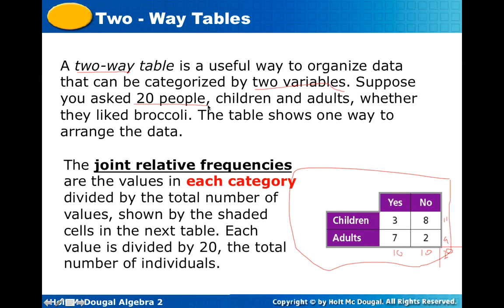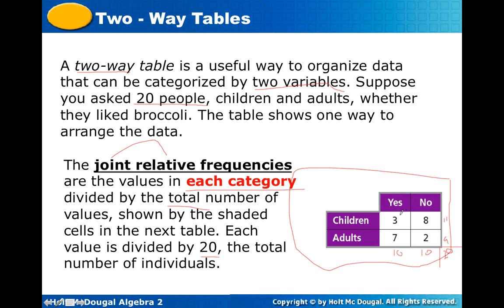Now, if we're doing a joint relative frequency, so that's our first blank right there. So if we're going joint relative, each category is going to be divided by the total number of values shown in the standard cells. So each value is going to be divided by 20. You know how we got that 20 as our total? That 20 was our survey.